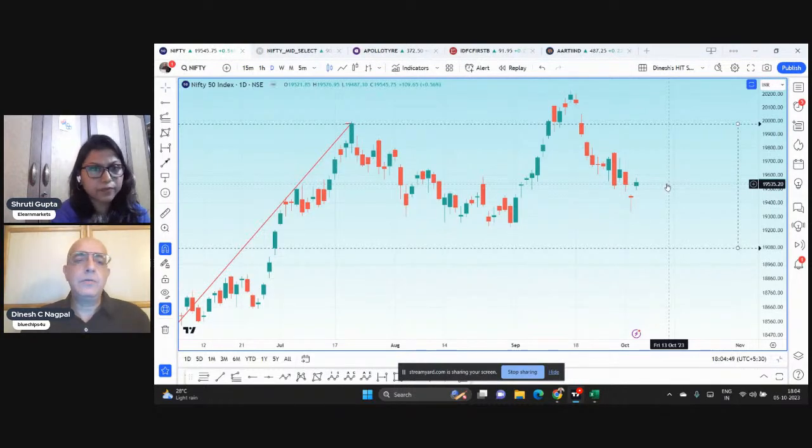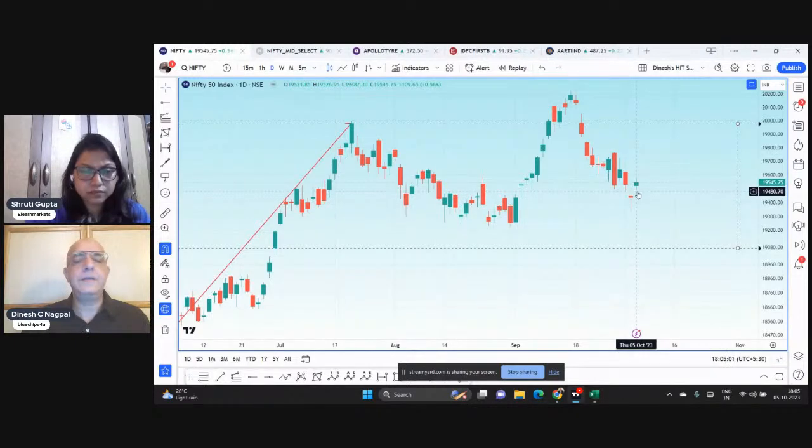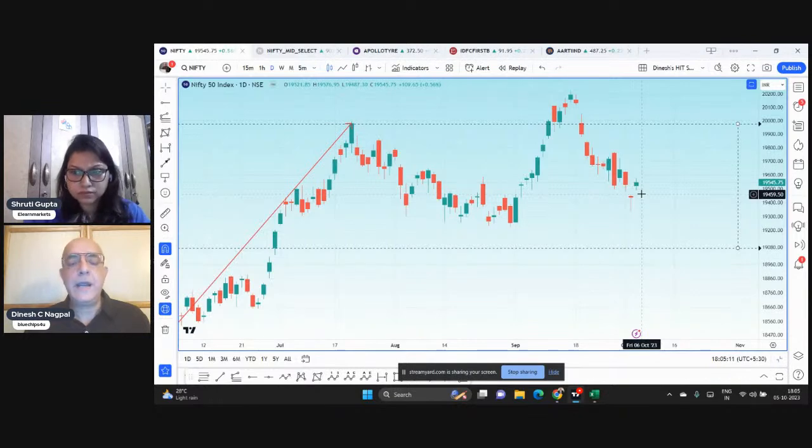But coming to the immediate scenario, yesterday there was a dragonfly doji in the Nifty, and because of the Wednesday gap down and today Thursday's gap up, we have an abandoned baby bottom, or some people like to call it a bullish island reversal formation, which is a bullish three-candle signal.